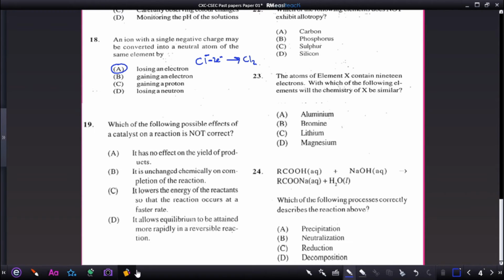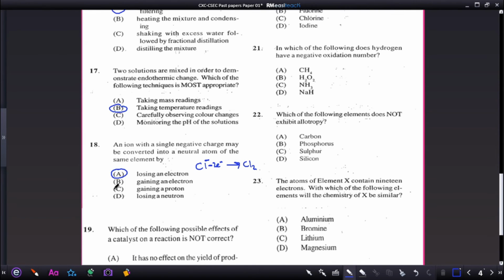That's not true. A catalyst lowers the activation energy of the entire reaction, right? Not the reactants, it's the entire reaction. So this is not true. D. It allows equilibrium to be obtained more rapidly in a reversible reaction. A catalyst doesn't affect the equilibrium shift, but it will affect it in such a way that it is reached faster. So D is true. So the answer would be C.